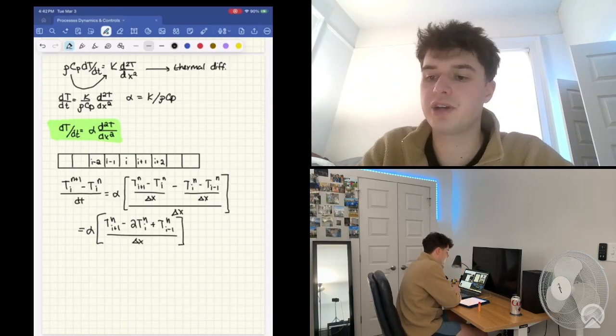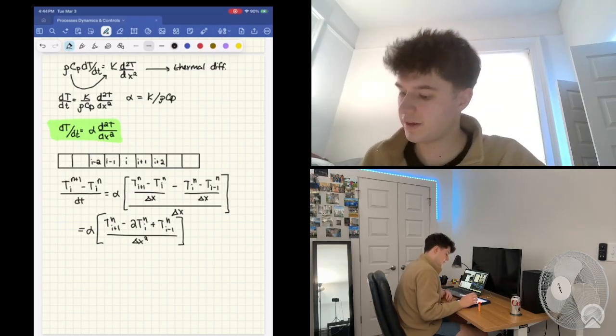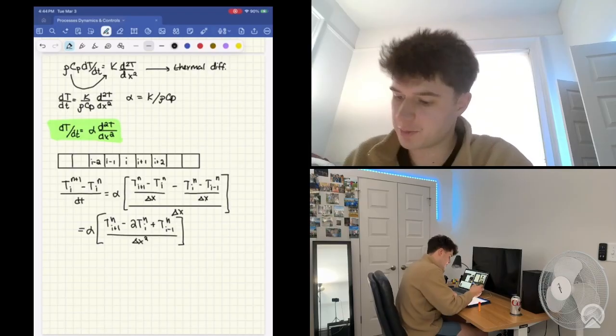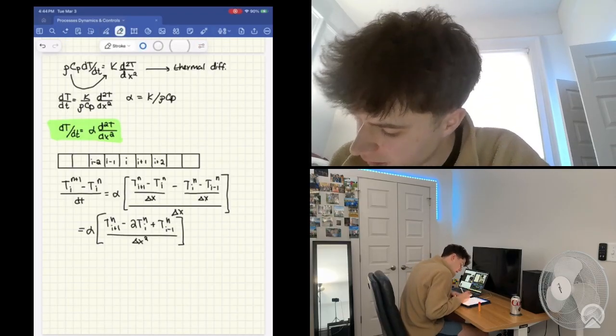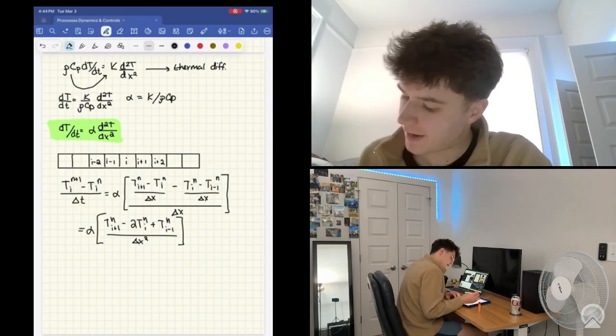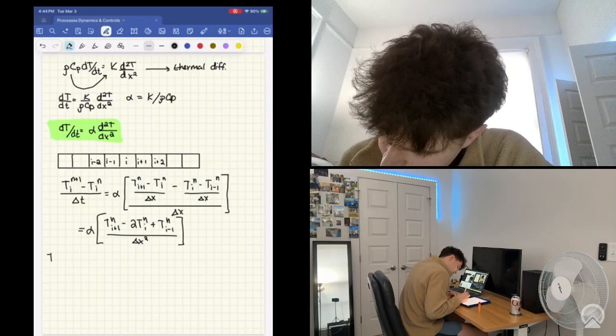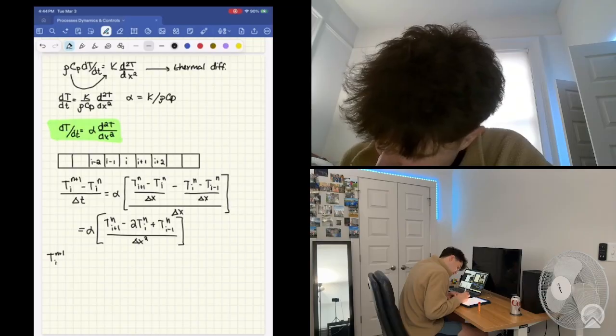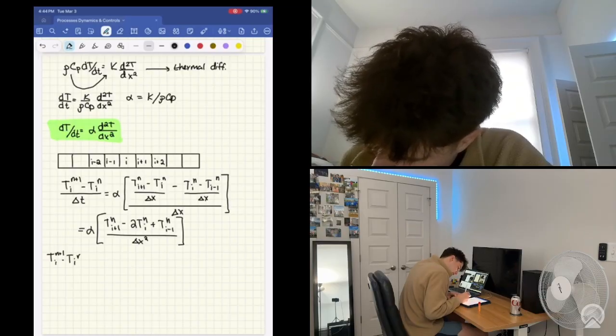And now we are able to try and do some things to this equation to get rid of the matrices. Okay, so I realized before I start to get rid of these matrix brackets, I did make a mistake here. It's not meant to be dt, it's meant to be delta t. I'm sorry.